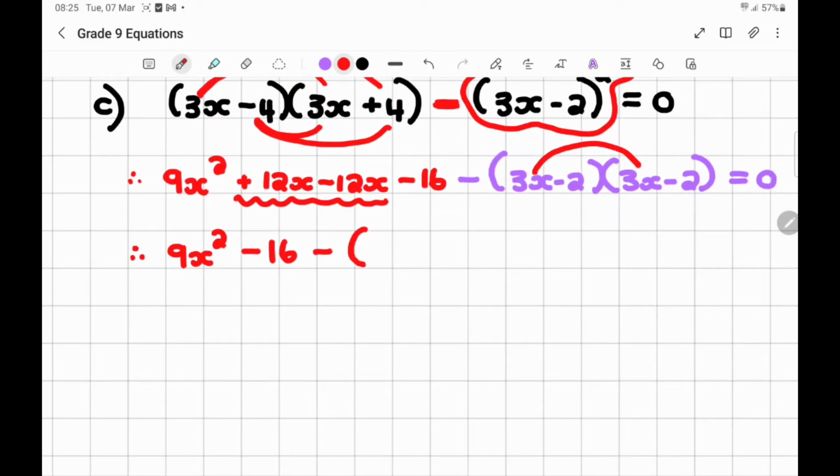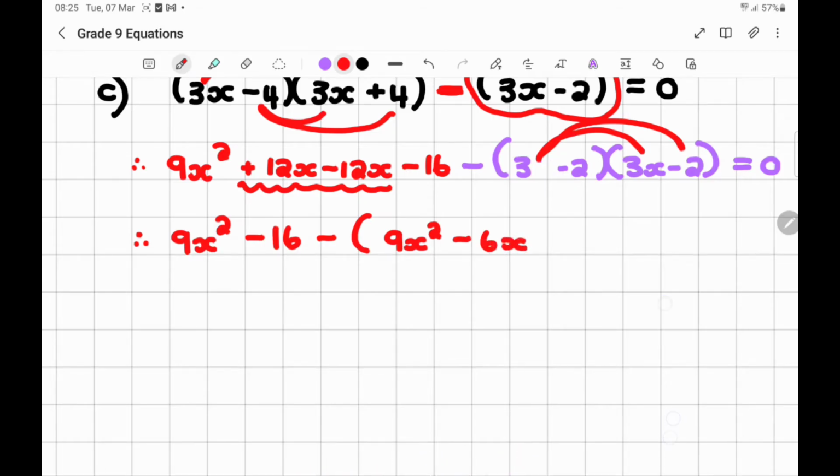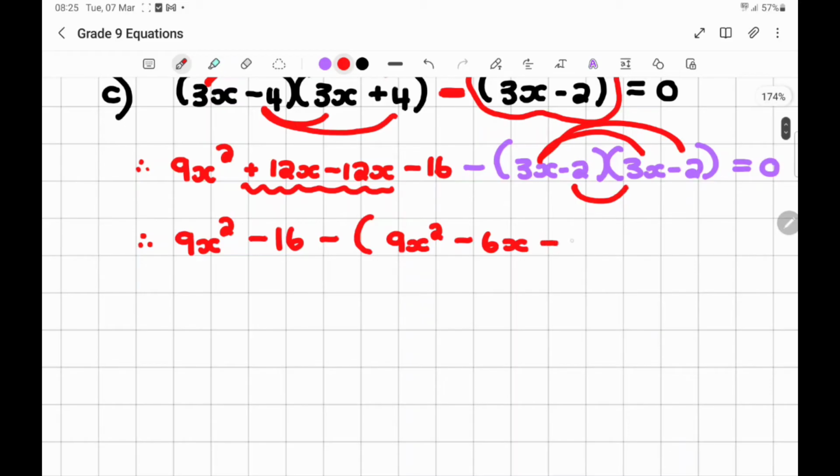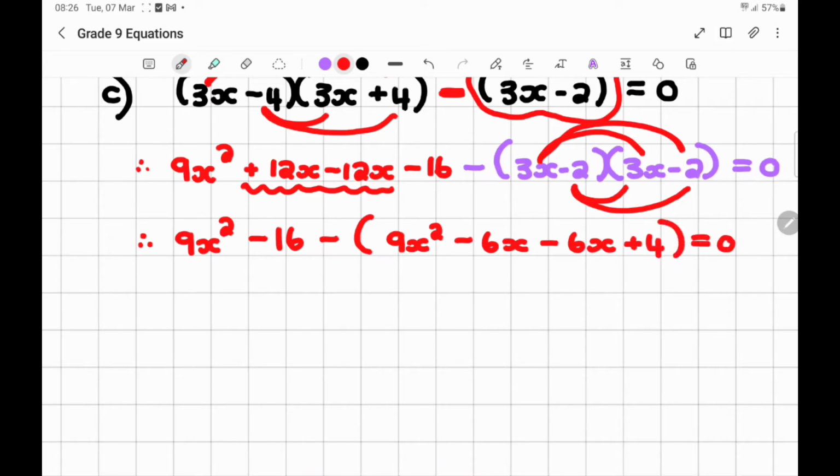Then 3x times 3x is 9x squared. Minus 3 times 2 is 6x. And negative times 2 times 3 is negative 6x. And a plus 4. Close bracket equals 0.